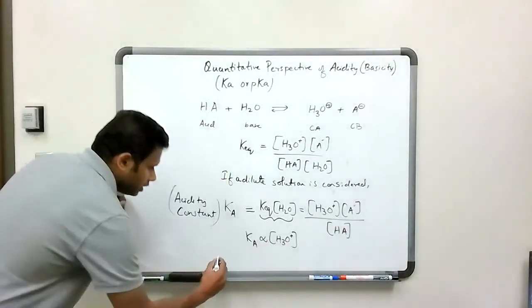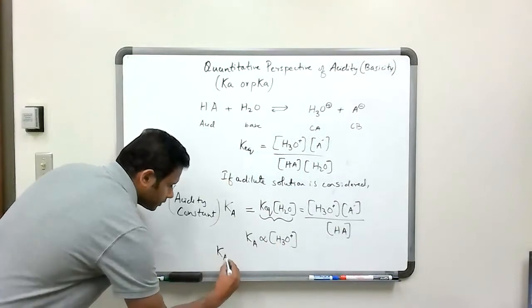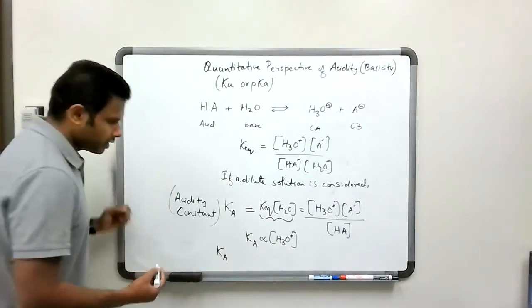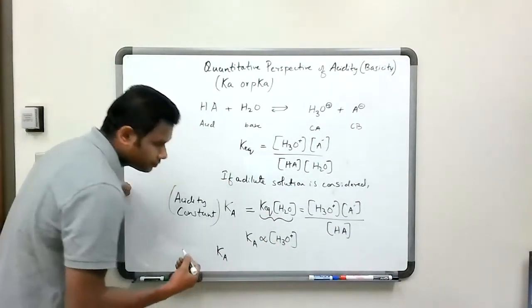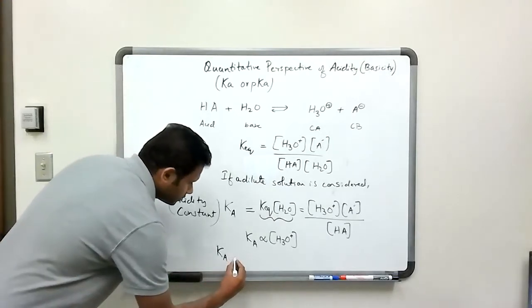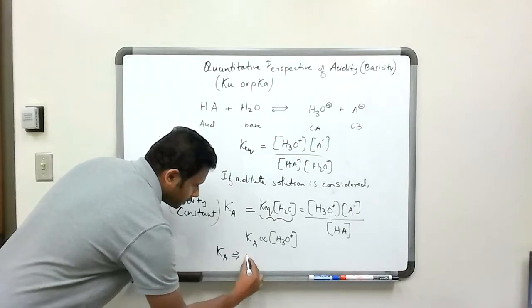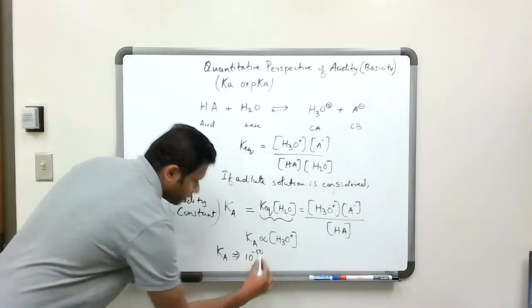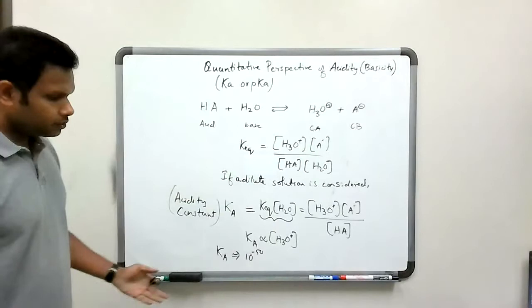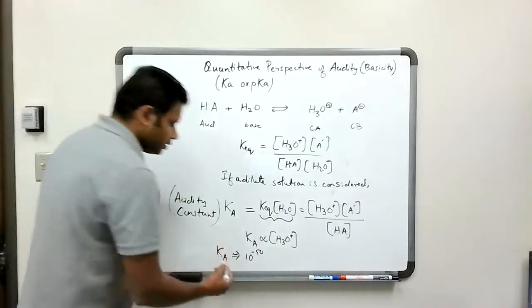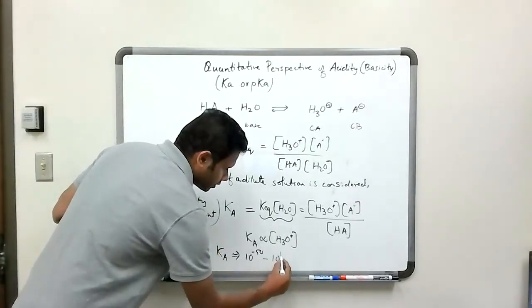Now, Ka values for acids can range from 10 to the power minus 50 to 10 to the power 10 or something.